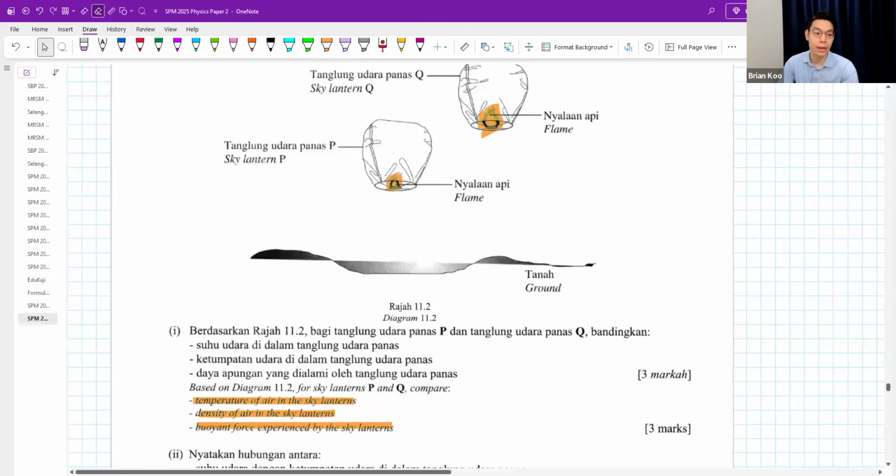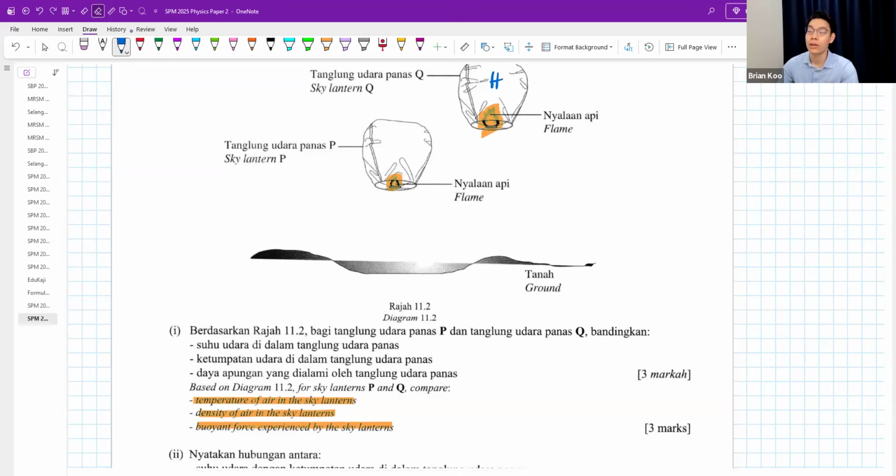Okay. Temperature of air in the sky lantern, I want to say Q is hotter. Okay, Q has higher temperature than P. Density of air in the sky lantern, Q is lower density. Lower density, this is the symbol for density.